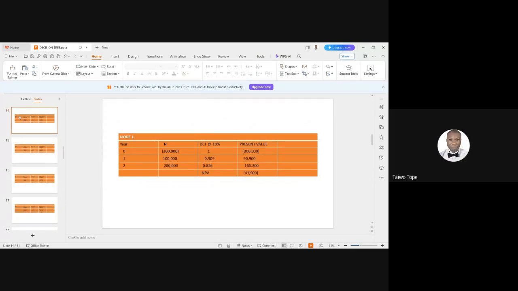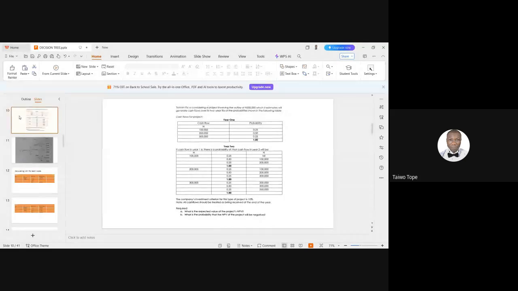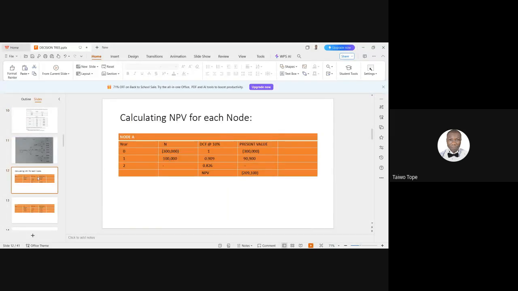You are concerned with the probability, because the question is: what is the probability that the NPV of the project will be negative? For A, you actually have 3 years, but you have 2 years of inflow.